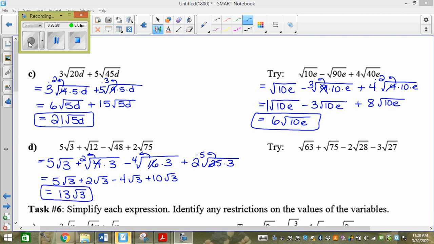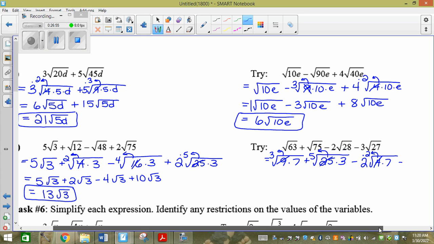Then I have root 63. Root 63 breaks down into 9 and 7. The 9 comes out and it's a 3. 75 breaks down into 25 and 3. The 25 comes out and it's a 5. 28 breaks down into 4 and 7. The 4 comes out and it's a 2, and then I'm going to multiply. And the 27 breaks down into 9 and 3.